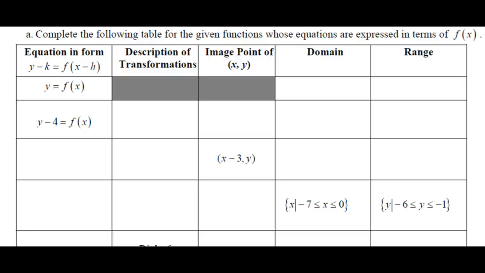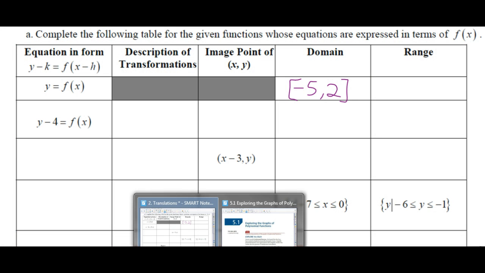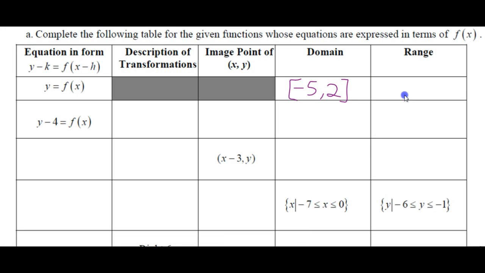So what's the domain of the original function f of x? It goes from -5 to 2. And it includes both ends, right? Okay, so I'm going to use, what's that notation? Interval notation. Do you want to use interval notation or set notation?